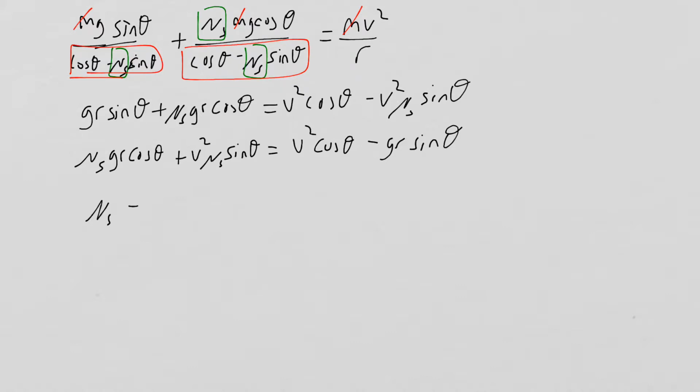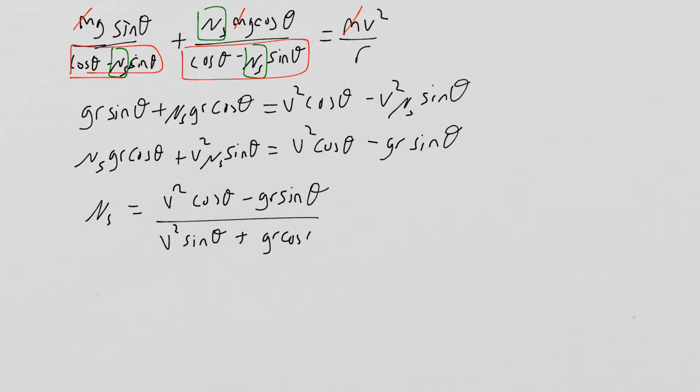So mu s equals v squared cosine theta minus gr sine theta, and we have left over a v squared sine theta and a gr cosine theta. Right? And so that's our algebraic solution.